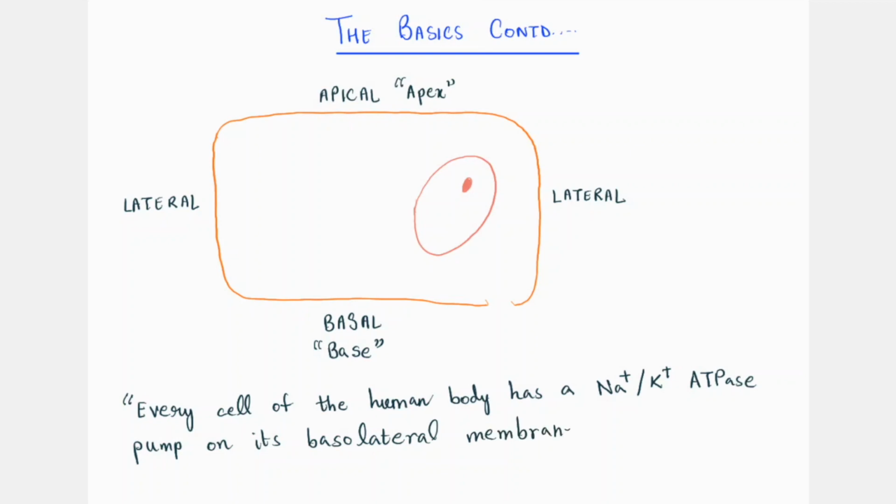Get this statement absolutely engraved into your brain, alright? Every cell of the human body has a Na+/K+ ATPase pump on its basolateral membrane. This is one of the pillars of human physiological science, of human physiology.